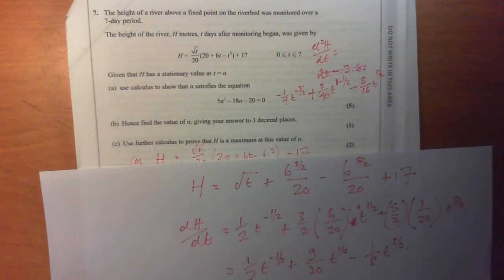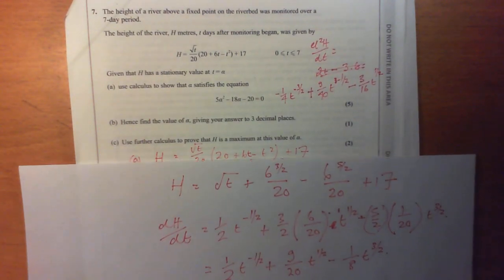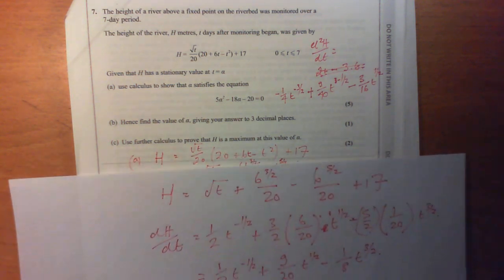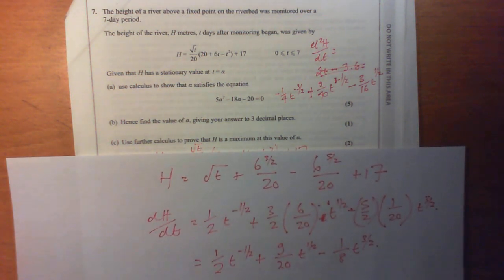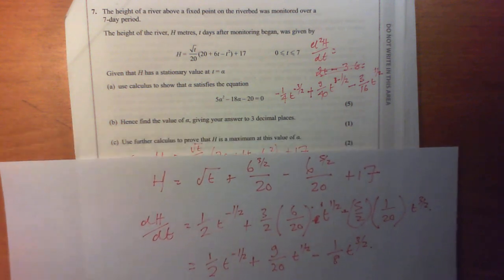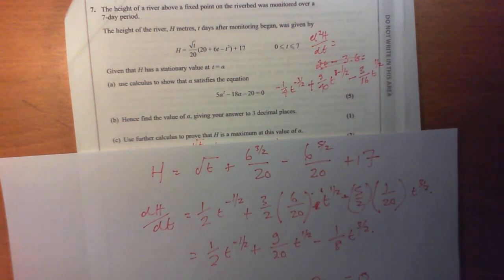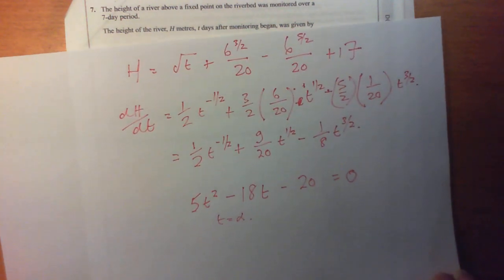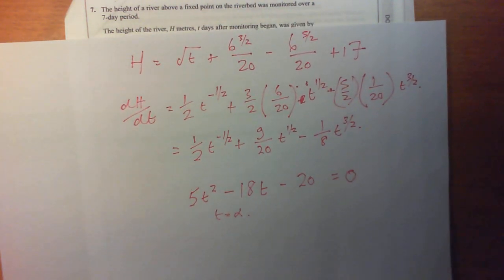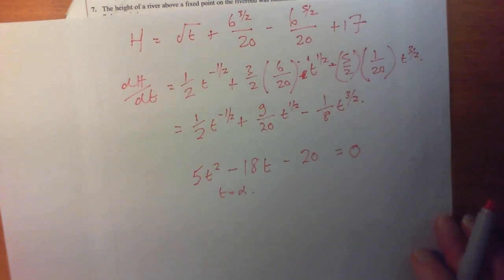So what's it asking for now? Yeah, so you can then find out what the value of alpha is. Now this is quite important here. It says then use further calculus to prove that h is the maximum. Right, now what you're going to do then is take the second derivative. That's fairly straightforward.